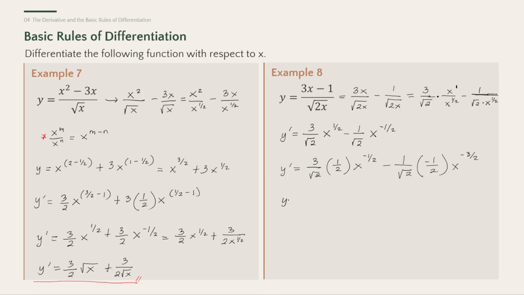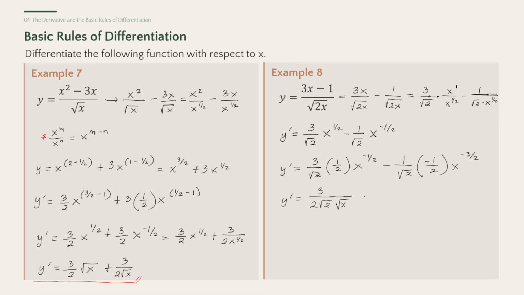Then simplify. Now we have 3 over 2 square root of 2. Then x raised to negative 1/2, we can put that here in the denominator. Or x to the 1/2 can be rewritten as square root, so we have square root of x on the denominator.